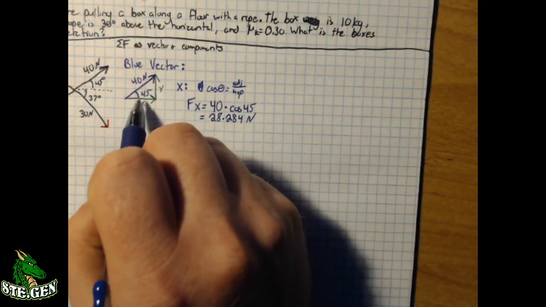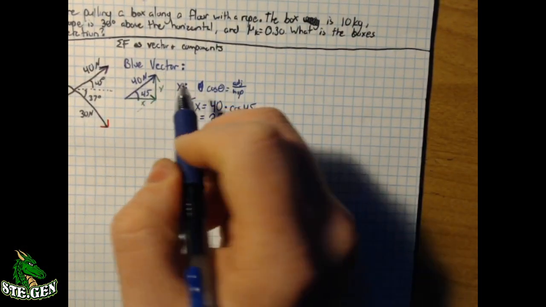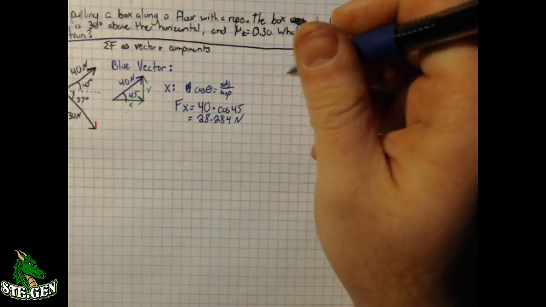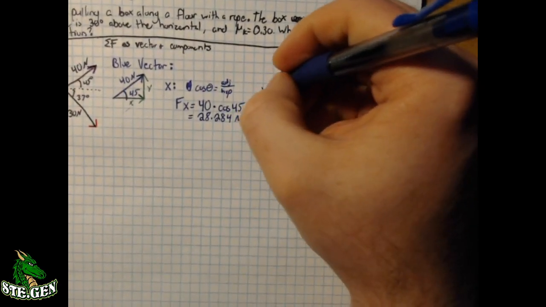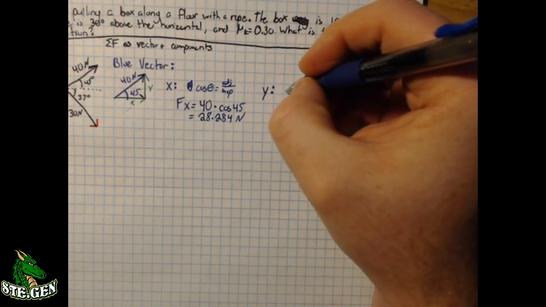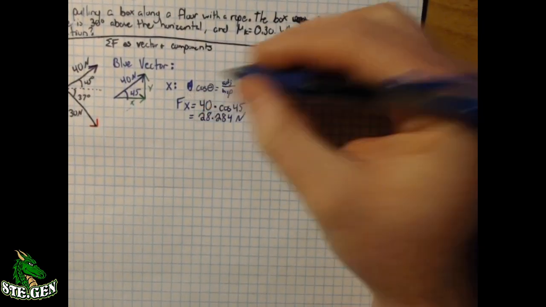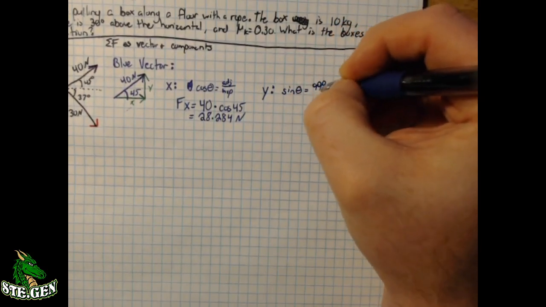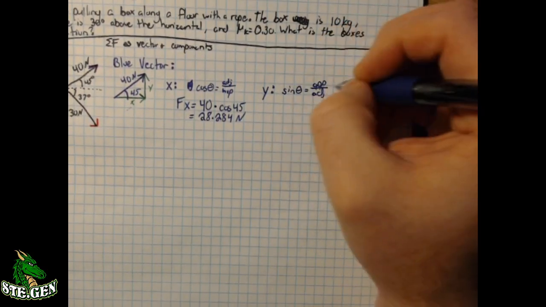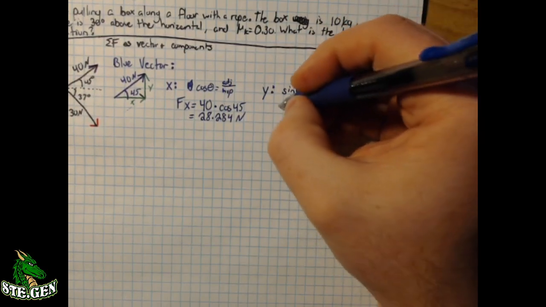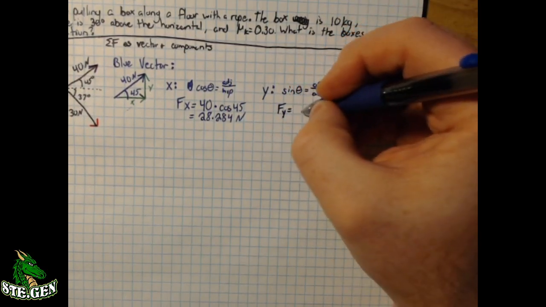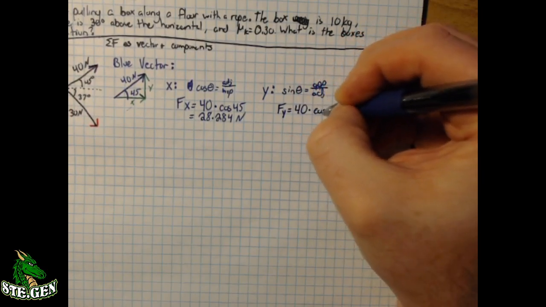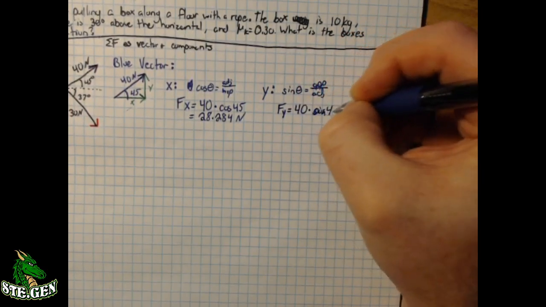And then technically this is a 45-45-90 triangle, so you can actually make predictions based on that, but I'm going to assume that you didn't notice that because some people might not. So now we're also going to have to do opposite, which is sine theta equals opposite over hypotenuse. So Fy is equal to 40 times sine of 45.